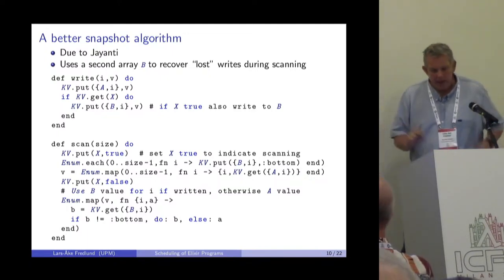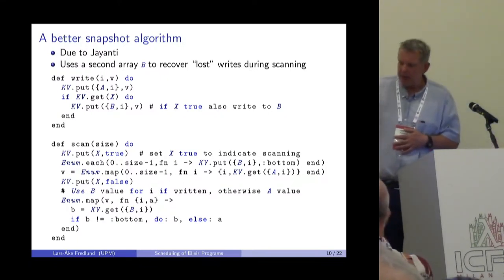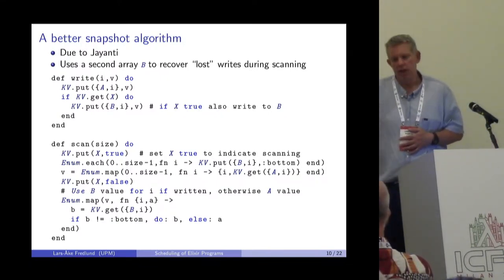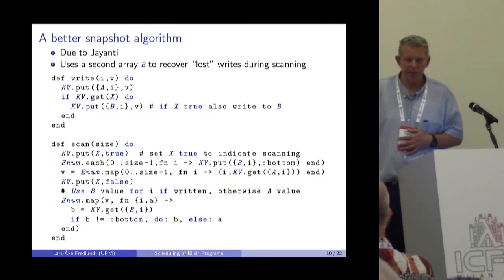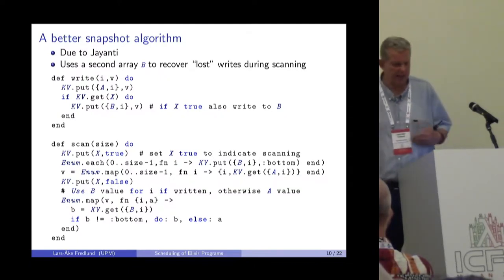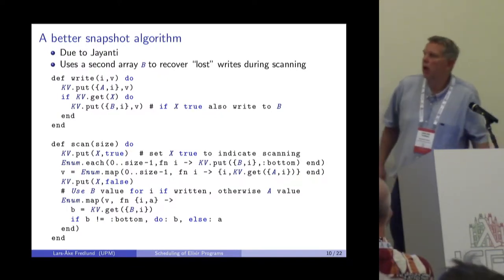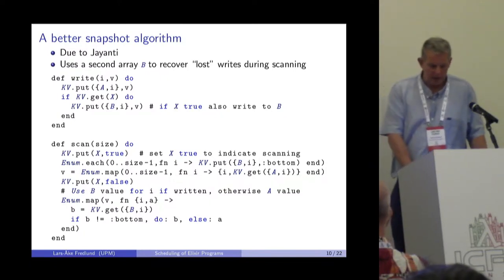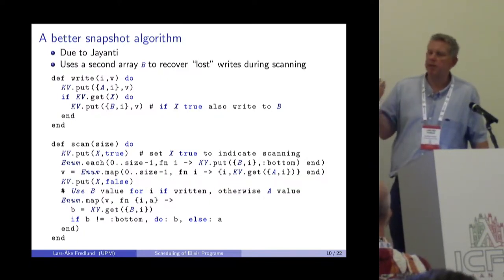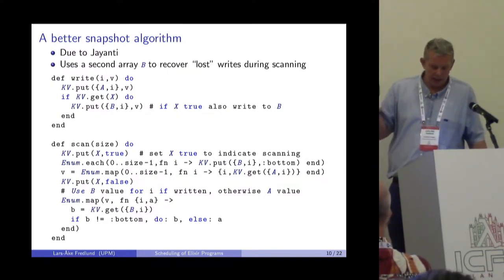The scan process, after the normal scanning of A, also scans the B array, and if there are values there, they supersede the values in the A array. So that's the idea. It's supposed to be a good algorithm with certain limitations on the concurrency allowed.